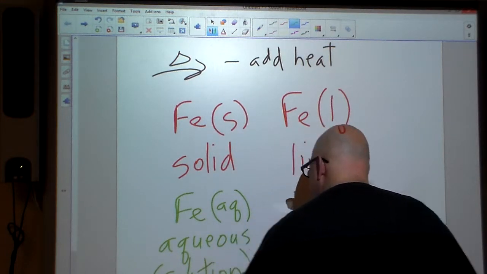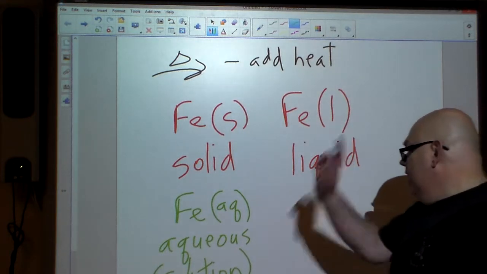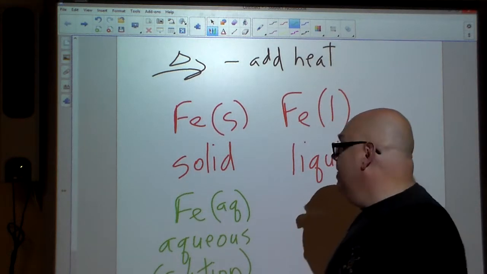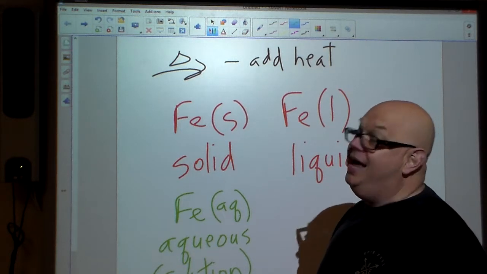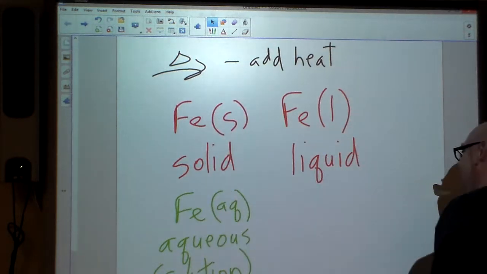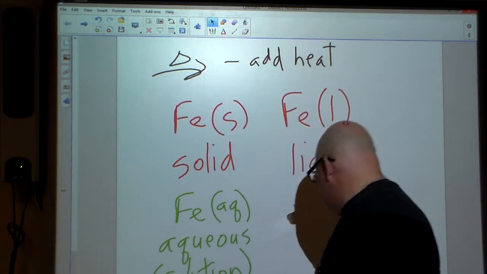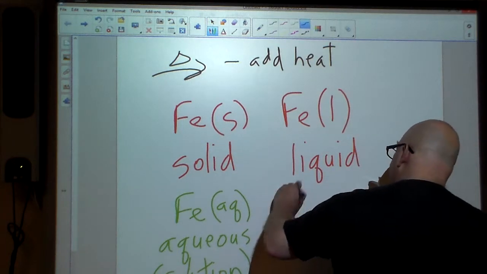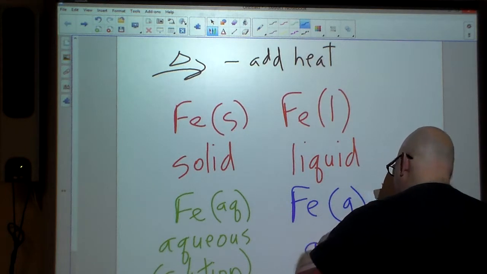The AQ stands for aqueous. You hear the word aqueous meaning full of water. In other words, it's a solution. And usually you're not going to get iron as a liquid because it is really hot, hot, hot. Kind of like my YouTube career. Okay, I killed myself. So we got solid, liquid, iron, and then the last thing here, G stands for gas.